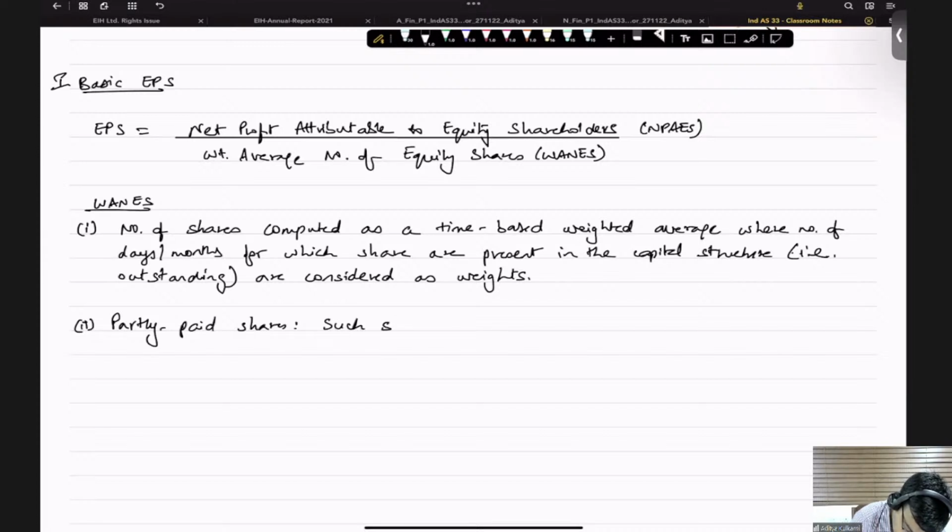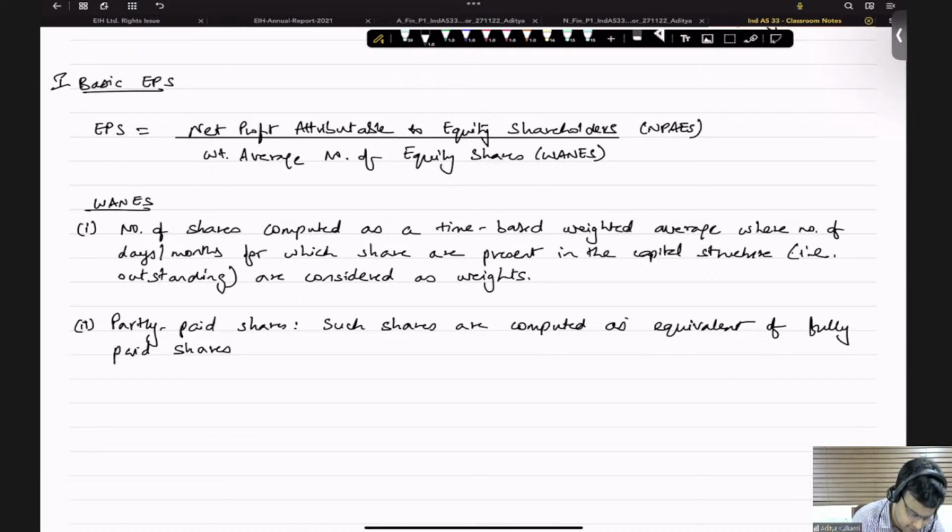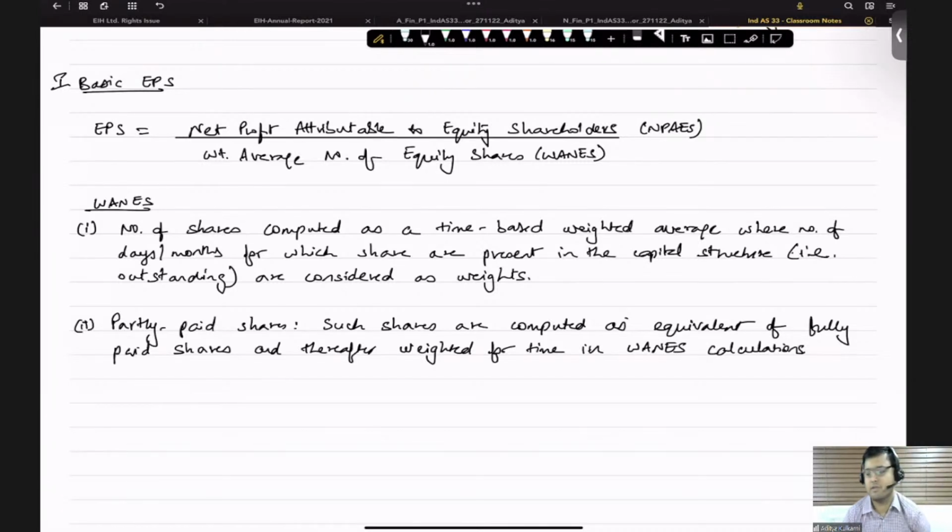Such shares are computed as equivalent of fully paid shares, and thereafter weighted for time in WAINS calculations, in weighted average number of equity shares calculations.